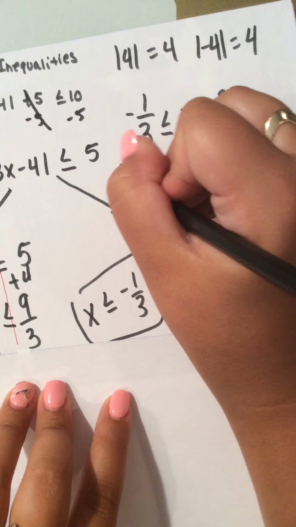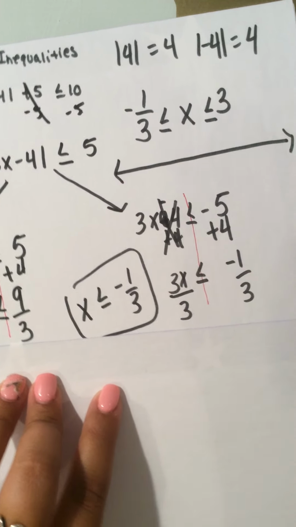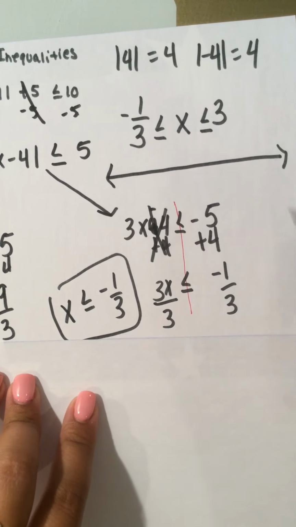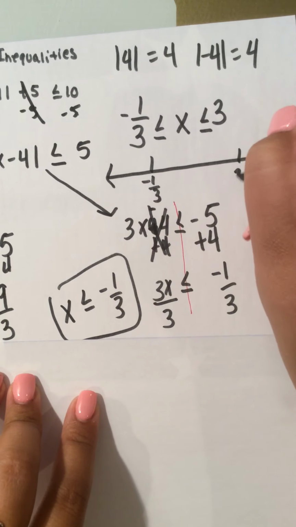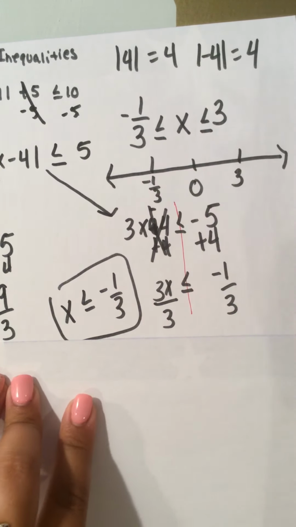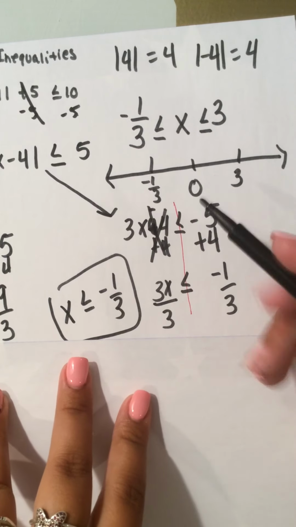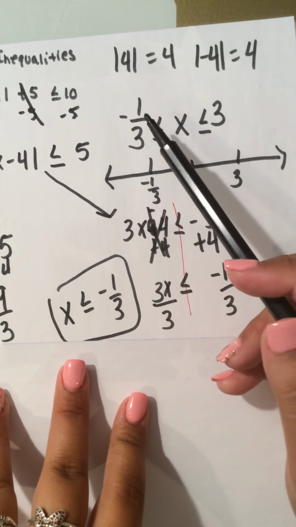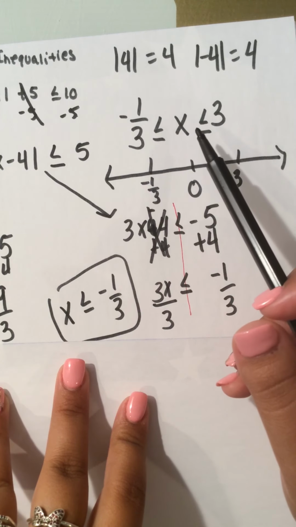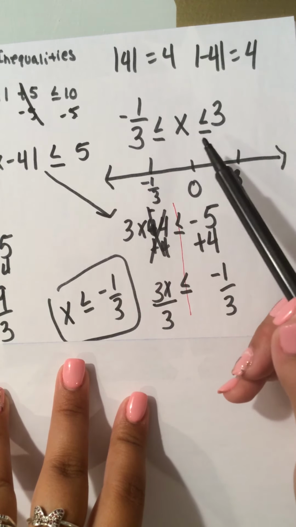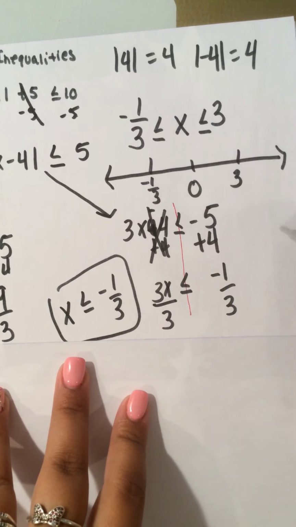If we were to graph it on a number line, it looks like this. I'm going to graph negative 1/3, 3, and I'm going to pick 0 in the middle. The reason I'm picking 0 in the middle is if I put 0 in here, negative 1/3 is less than 0. Yep. 0 is less than or equal to 3. Yeah, that works.